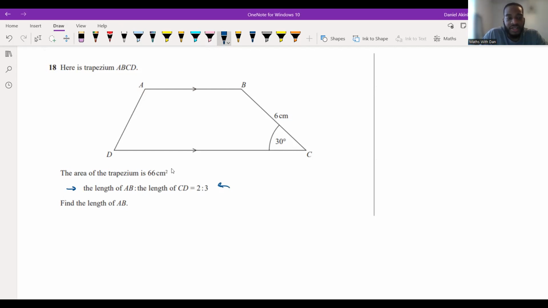Okay. So first things first, they've told us that the area of the trapezium is 66. So to answer this question, we know we're going to need to use that at some point. Can somebody tell me the formula for the area of a trapezium, please? What is the area of a trapezium? Do we know it?